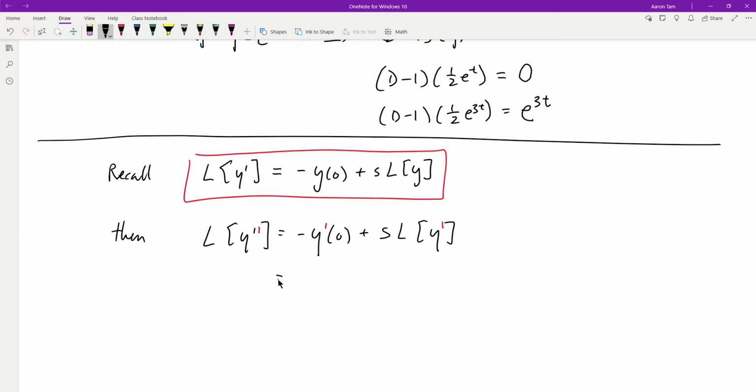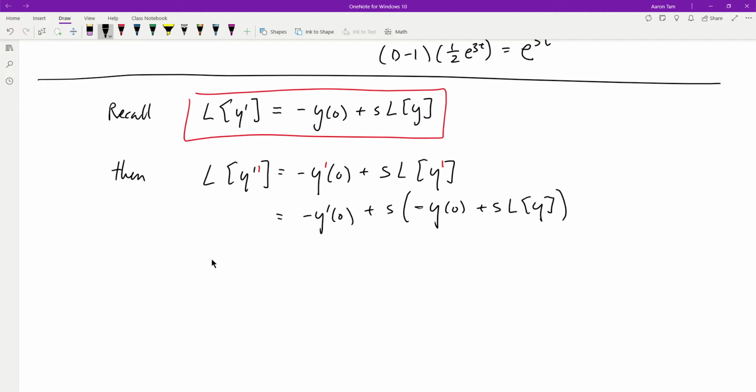So I'm going to go ahead and use that to help me figure it out. That means this is equal to negative y prime at 0 plus s times the Laplace transform of y prime, which I'm going to replace using the formula on top, which is negative y of 0 plus s L of y. So if I distribute, I now have this formula.